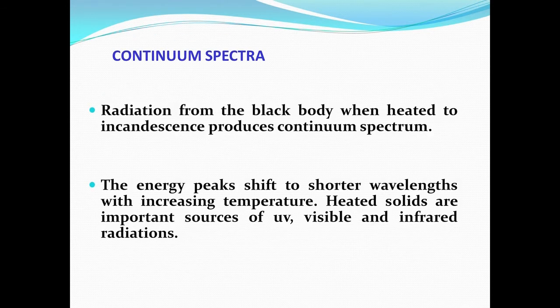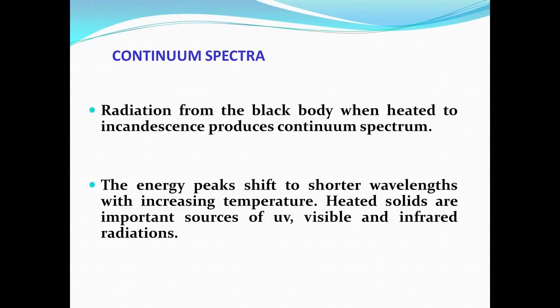Now we talk about continuous spectra. In continuous spectra, the radiation from a black body when heated to incandescence is what you see as a continuum spectrum. If you go to your blacksmith, he takes metal and keeps on heating it, and before he beats it, whatever radiation comes out when it is heated to red hot, or at still higher temperature white hot, is a continuous spectrum.